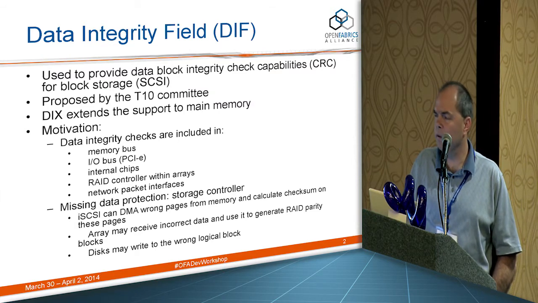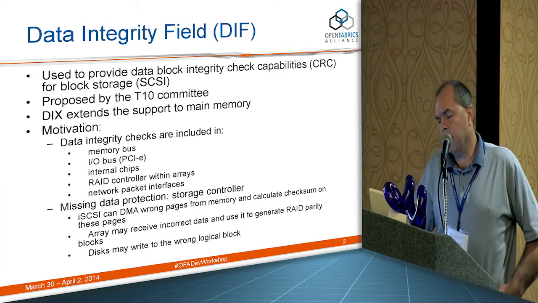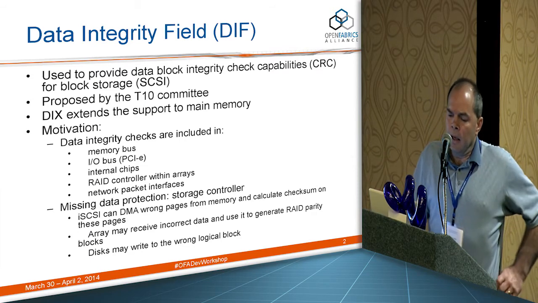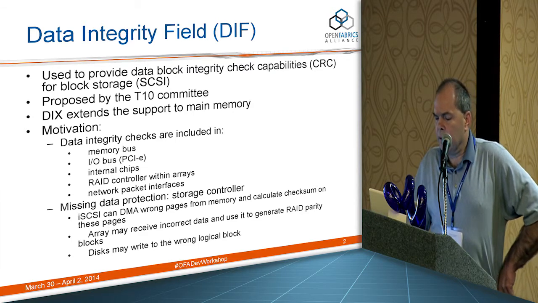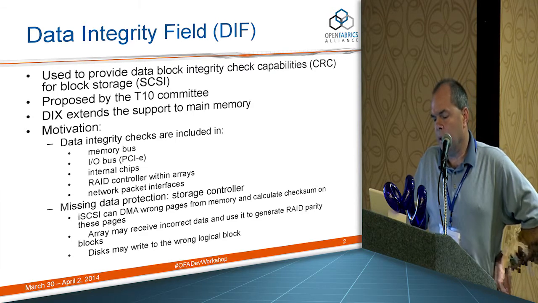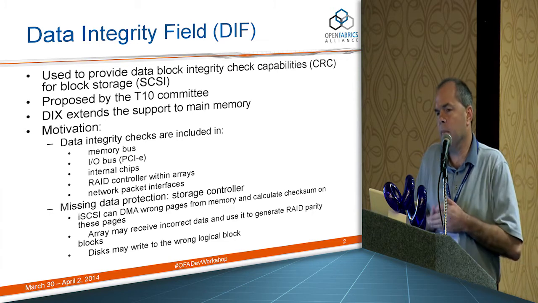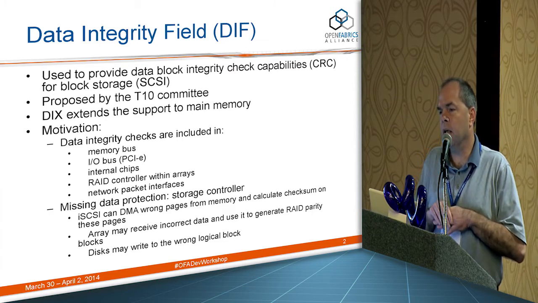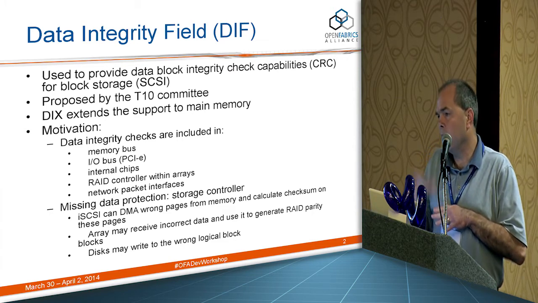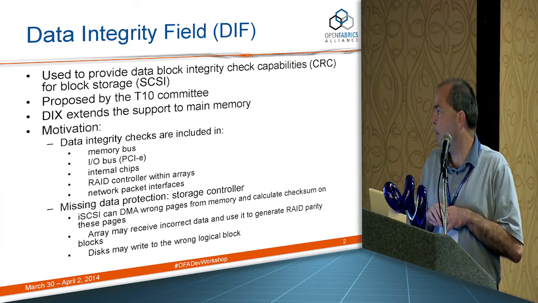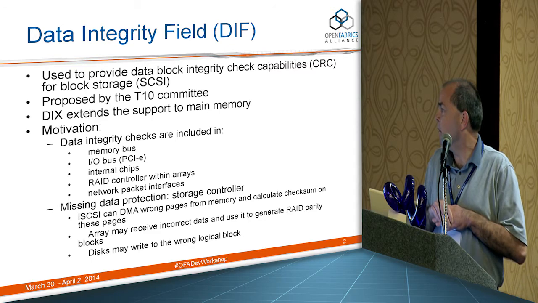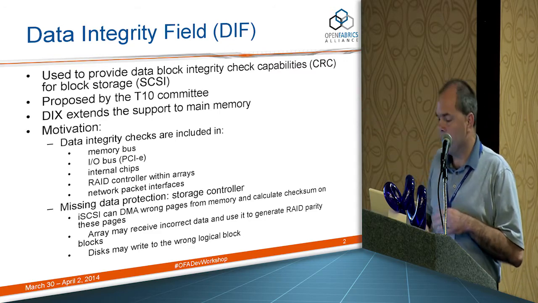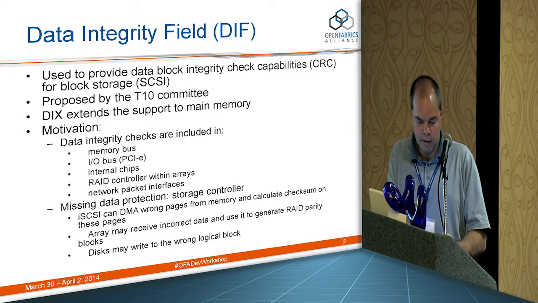The DIX capabilities were extended to protect things also in main memory. And this was brought about to help protect against some potential data corruption errors that weren't being protected against up till that point. So, memory buses are protected, I/O buses are, and the like.